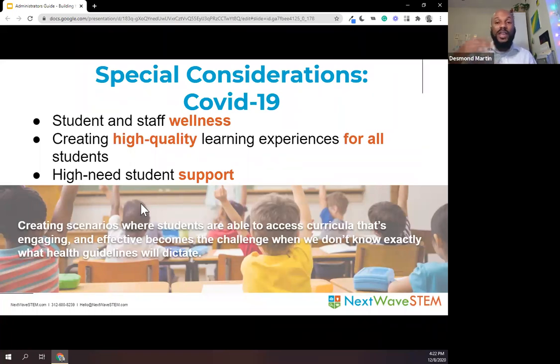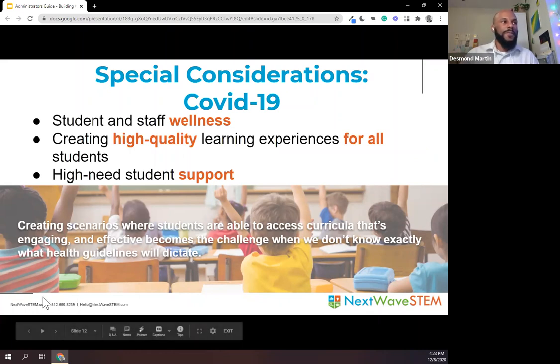And when we think about these considerations in building our programming, we have to also prioritize the safety and wellness of our staff, for our students, while really focusing on the ability to create these high quality learning experiences. And that means also being flexible.